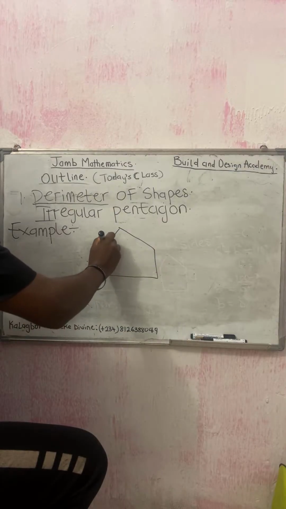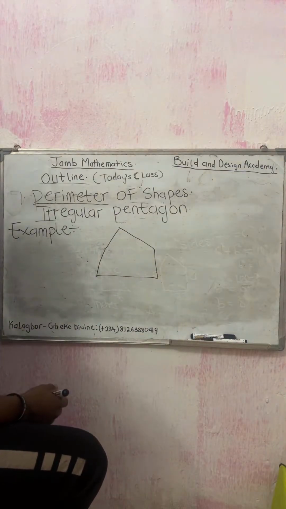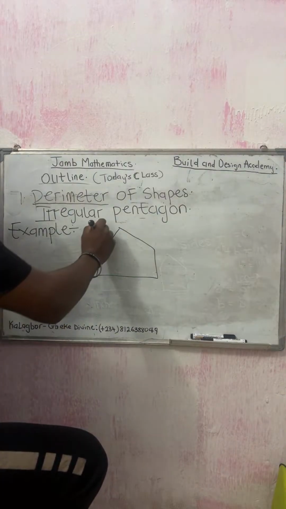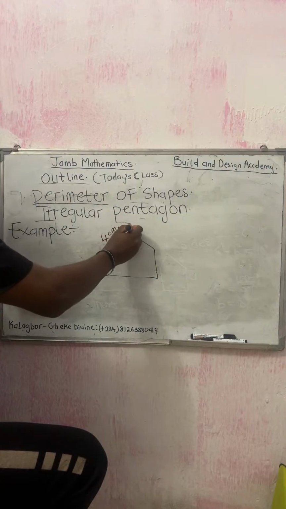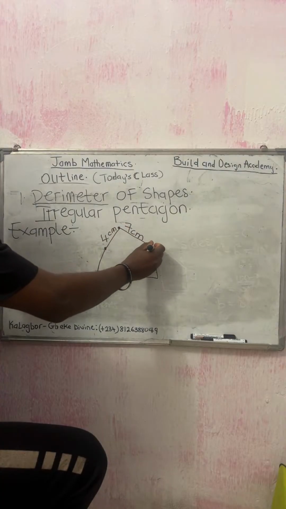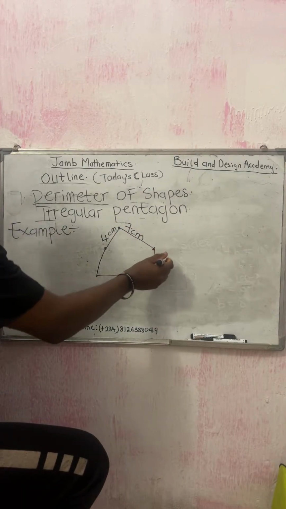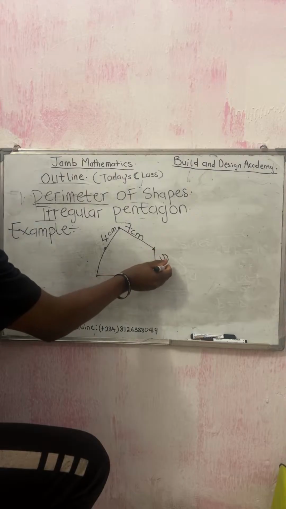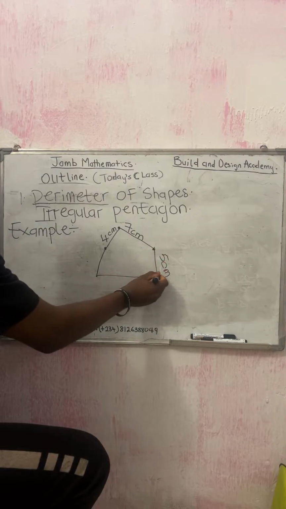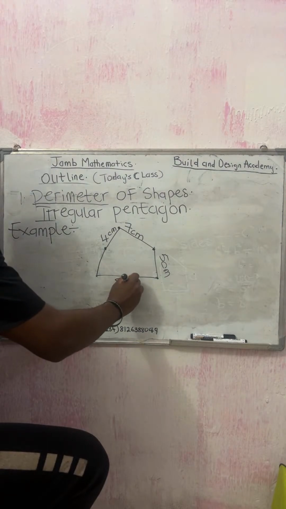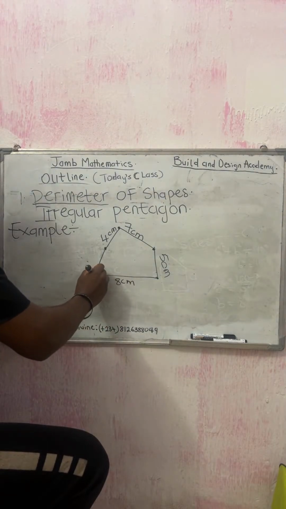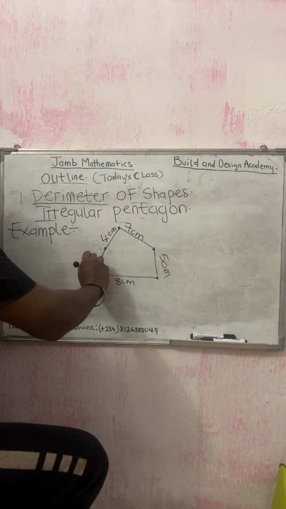Let's say 4 cm is here, from here to here is 4 cm, here is 7 cm, from here to here is 5 cm, here is 8 cm, and finally 6 cm.